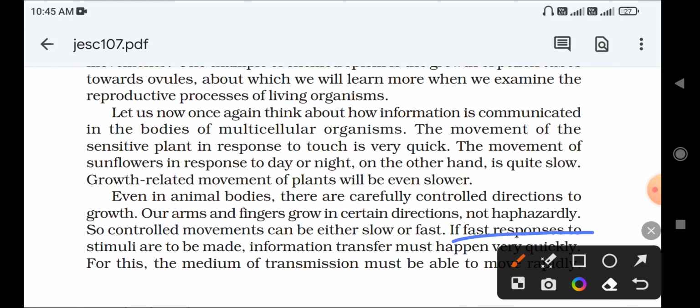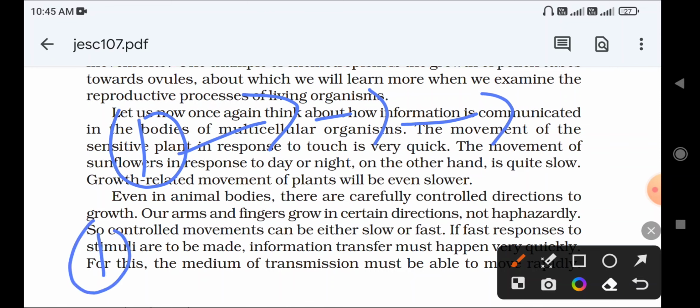If fast responses to stimuli are to be made, information transmission must happen very quickly, correct. If the response is fast, our information transmission is also very fast. If you have to respond to anything very quickly, that information must also be transferred to the cells very quickly.